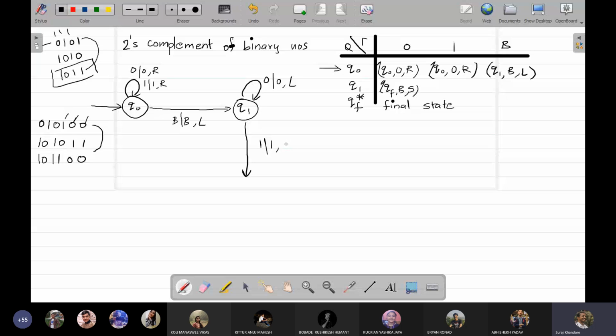We keep that one as it is, keep moving to the left, and then we just change the state to Q2. And in that Q2 state, we convert 0 to 1 and keep moving to the left, and 1 to 0 and keep moving to the left. This we continue till the time we reach the blank. So as soon as we reach blank, we go to the final state QF.